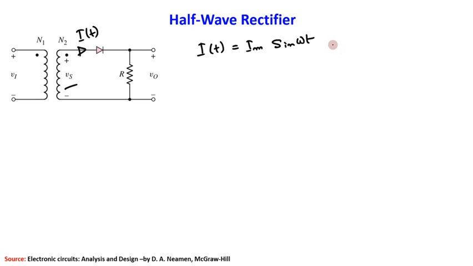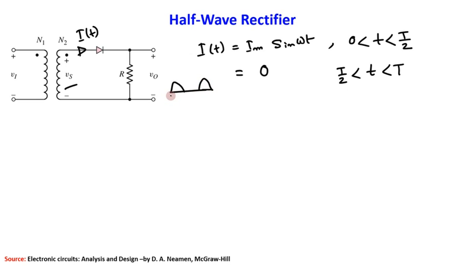So we can say I of t equal to Im sine omega t when t is between 0 to T by 2, and I of t is equal to 0 for t between T by 2 to T, right? You remember? So this is 0, this is T by 2, this is T, where T is the time period of this sinusoidal signal, right?